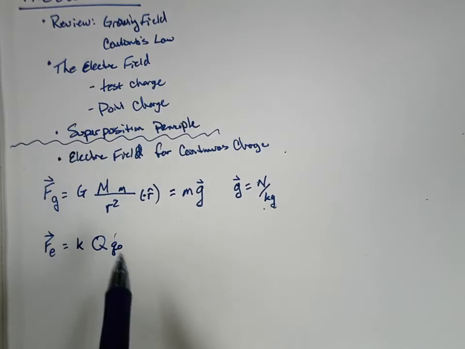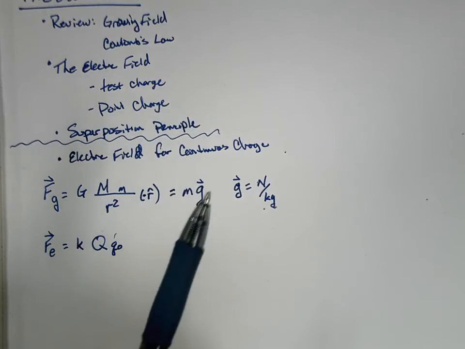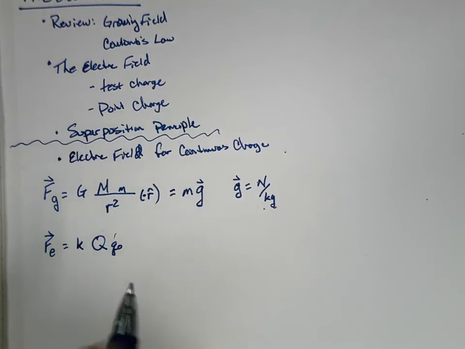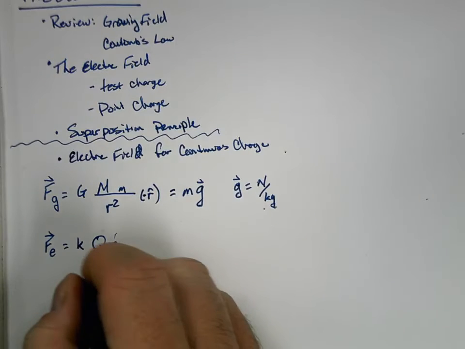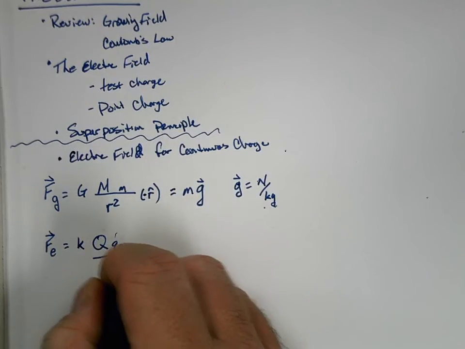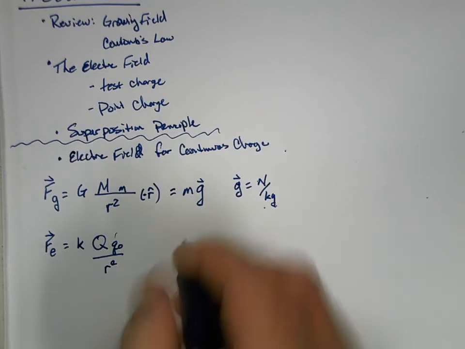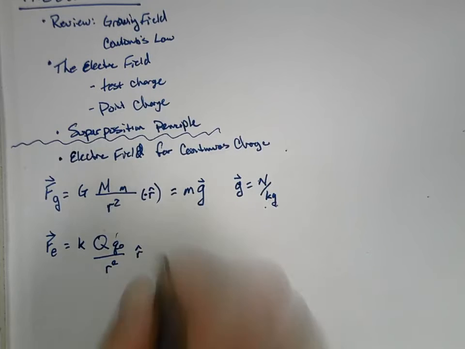This is going to be our test charge, and it is usually a very small amount of charge, so it doesn't affect stuff around it, and it is always positive. So when we talk about test charges, they are always positive. And this would be divided by the square of the distance between them, and we throw in our r hat for our direction.